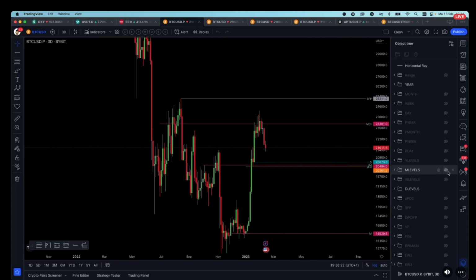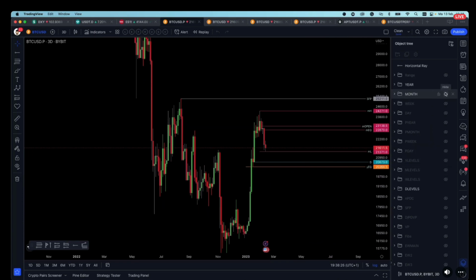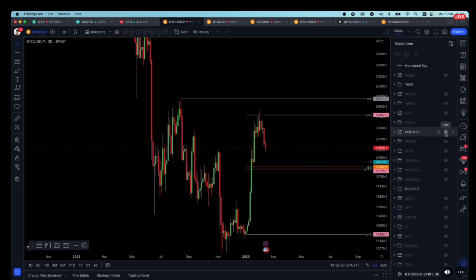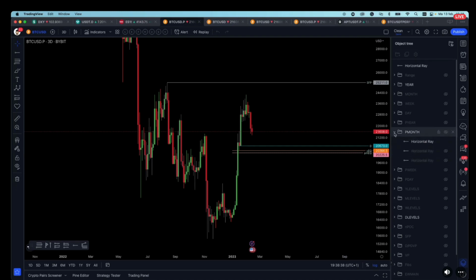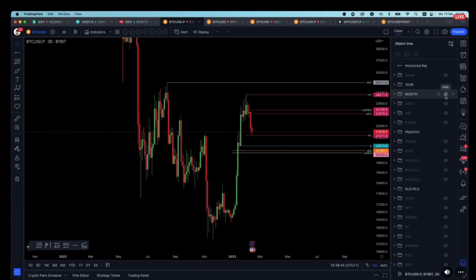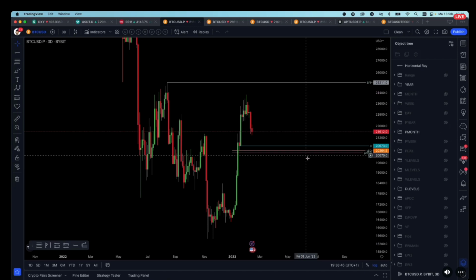In between, I don't really need those as well. Yearly levels. Monthly open. I want the previous month. Previous month equilibrium as well. Previous year, I don't need. Daily levels, I don't need for now. Weekly, I don't need. Monthly, I don't need for now because I'm looking for support.